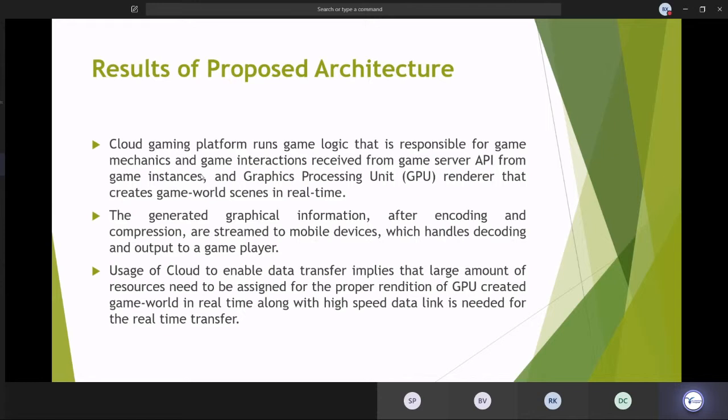Usage of cloud to enable data transfer implies that a large amount of resources need to be assigned for the proper rendition of the graphic processing unit created game world in real time, along with a high speed data link that is needed for the real time transfer.